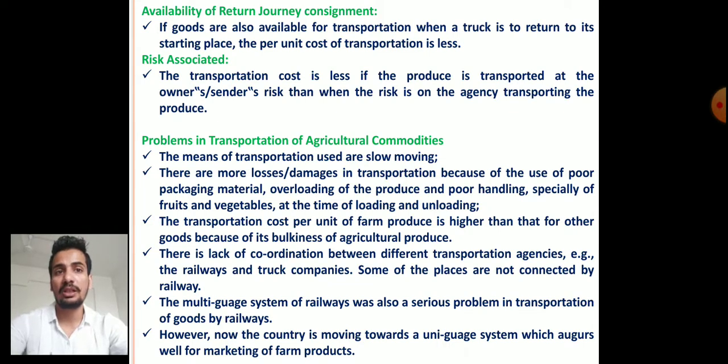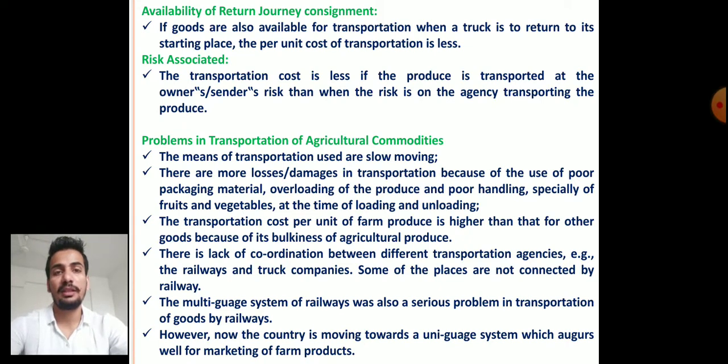If goods are also available for transport when a truck is to return to its starting place, the per unit cost of transportation is less. If the transport gets a two-way consignment, it will reduce the transportation cost with a very high volume.